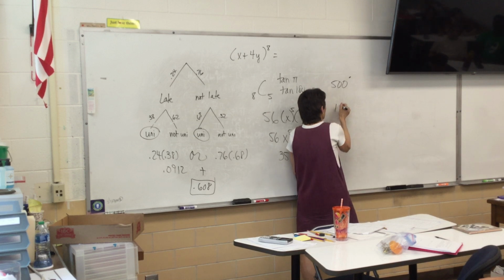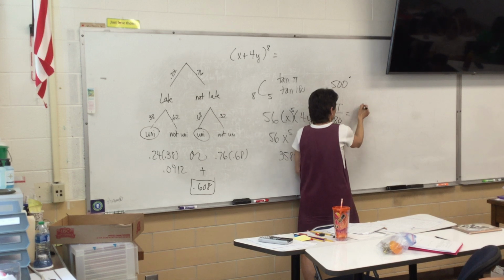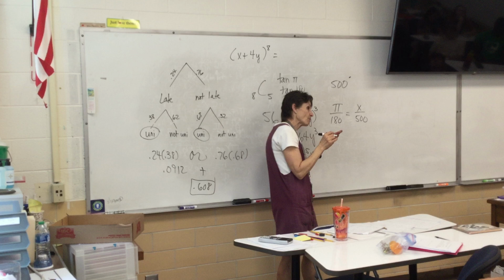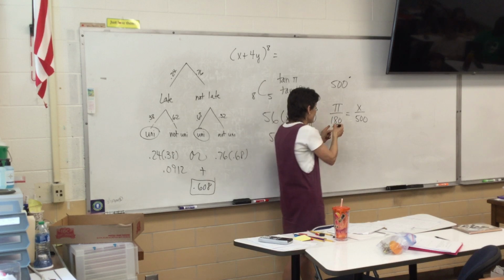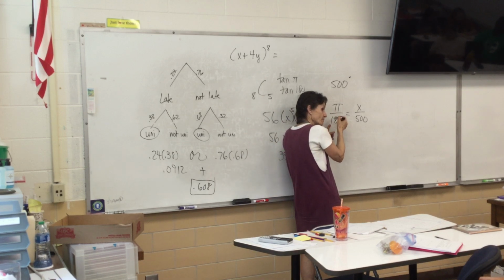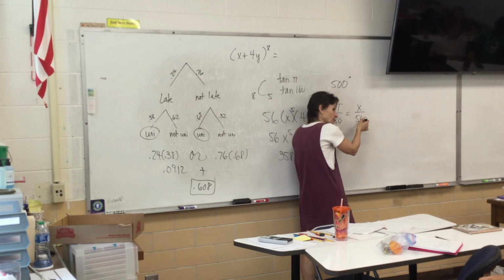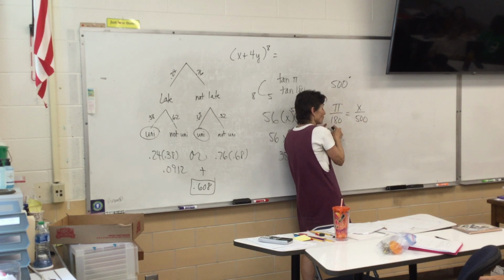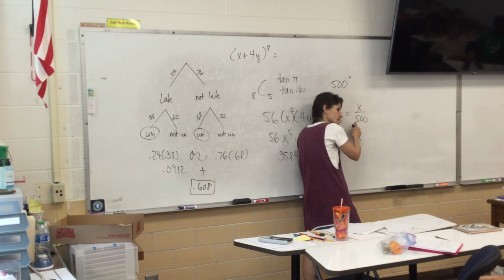Almost, be careful. I'm going to say pi over 180, and then it's going to be x over 500. It doesn't really matter, Abby, but you got to make sure that wherever you put the 180 in the fraction is the same place you put the 500, because these are the degrees. Okay? So if you had 180 over pi, you had to have 500 over x.